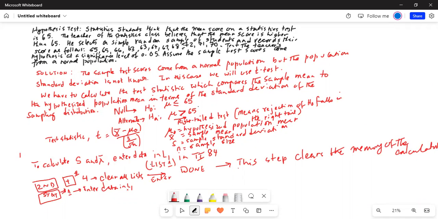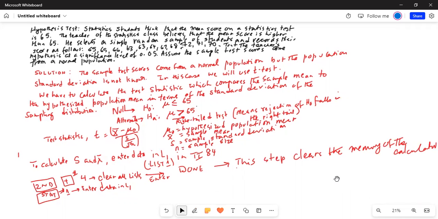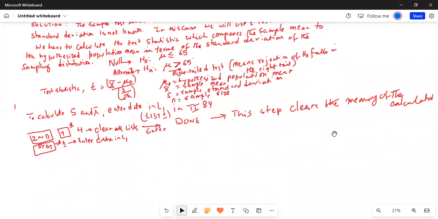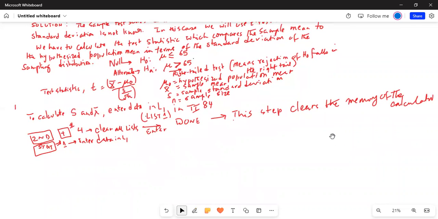Okay, now let's create some space. Now we will press the Stat button, so Stat button again after entering the data.